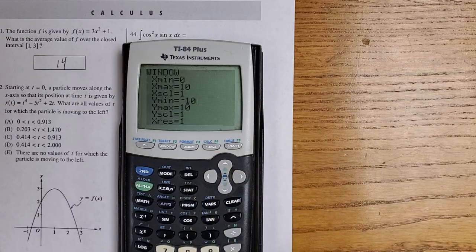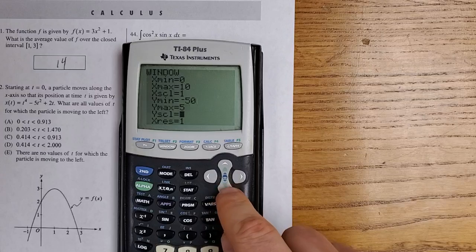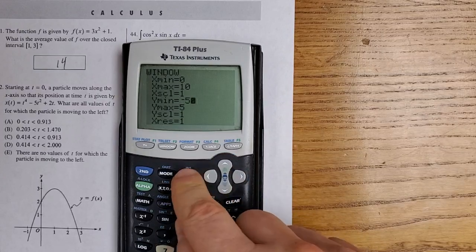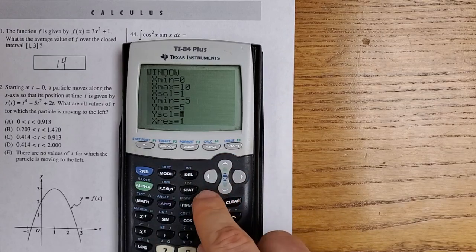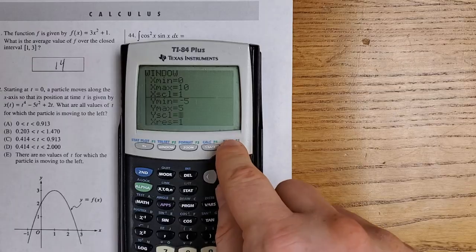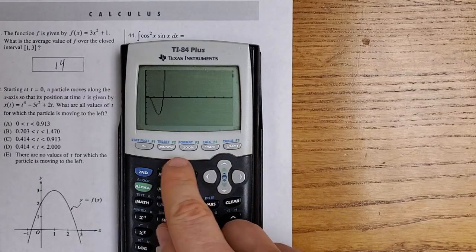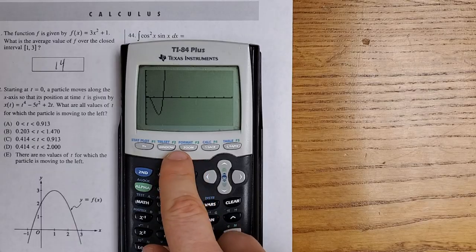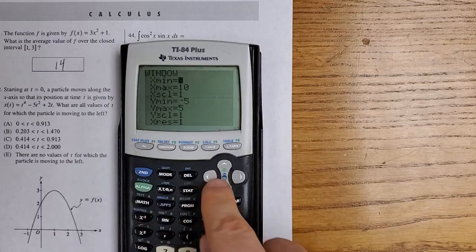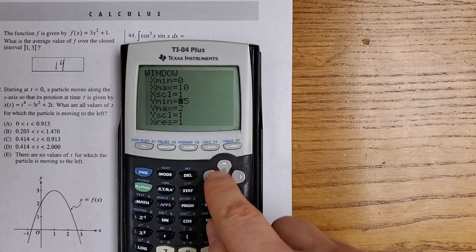And let's zoom in a little bit. Aha, you can almost see. Not so easy, is it? Let's zoom in a little more.